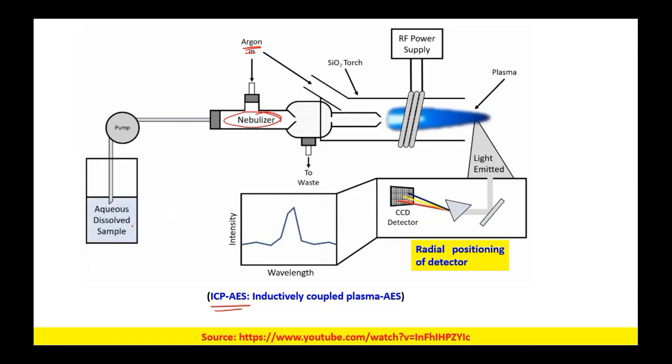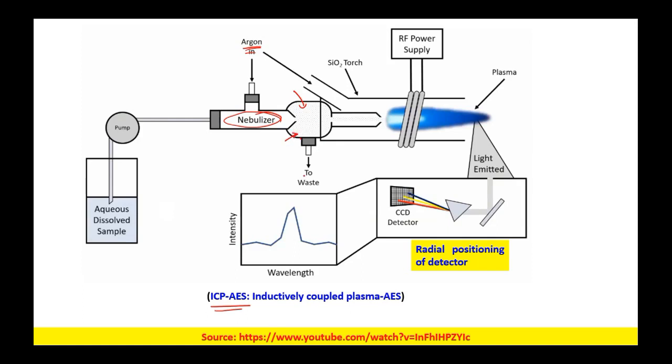Through this pump, the dissolved sample is continuously put into the nebulizer, and the argon gas coming into the nebulizer passes the sample through a very small hole, and we get droplets.